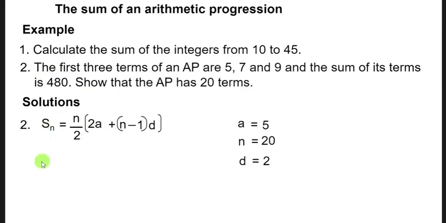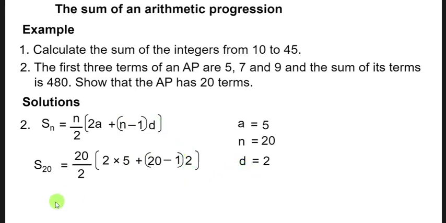If the sum of the 20 terms gives us 480, then we are right. So S20 is 20 divided by 2, open brackets, 2 times 5, plus open brackets n, which is 20 minus 1, times 2 as d.